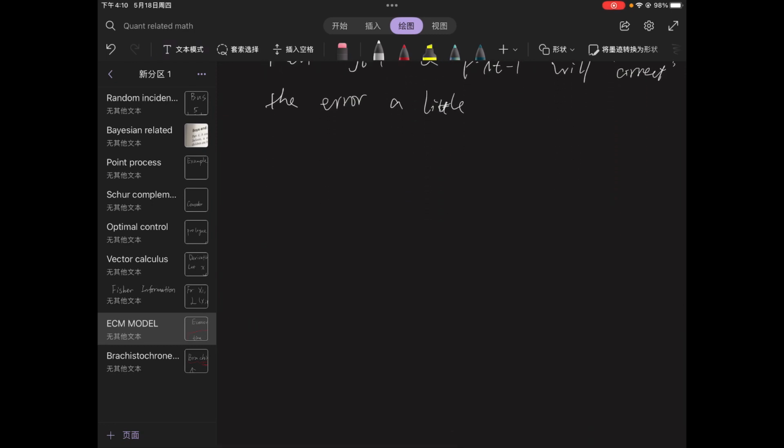Now, lastly, let's say the punchline. So the ECM model, in my own language, is a combination of AR, which is autoregressive, and a linear regression.